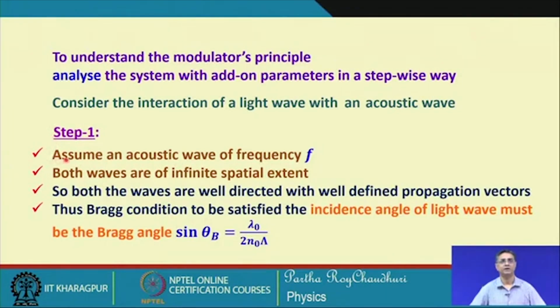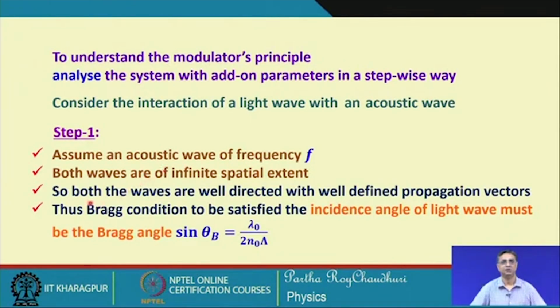For step 1, let us assume an acoustic wave of frequency f. It has only one frequency, and the optical wave and the acoustic wave are both of infinite spatial extent. They are infinitely extended and there is an interaction. So, both waves are well directed with well defined propagation vectors, each having only one propagation constant.